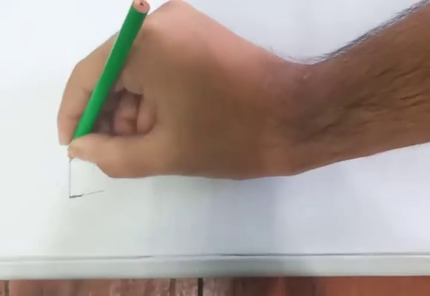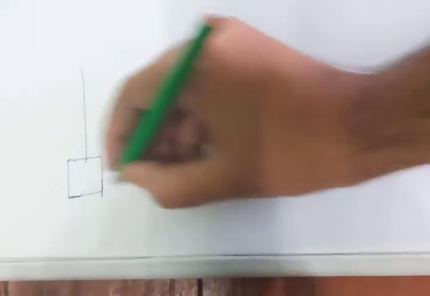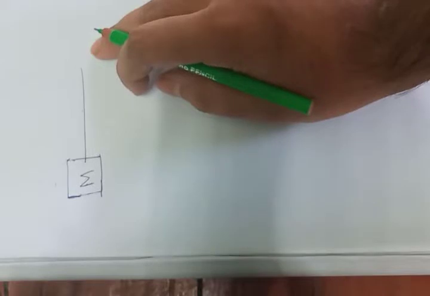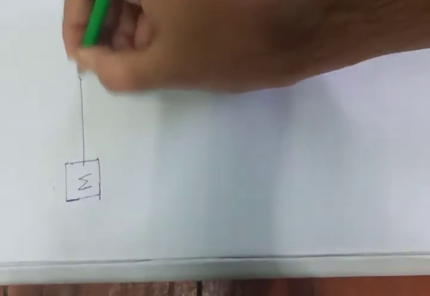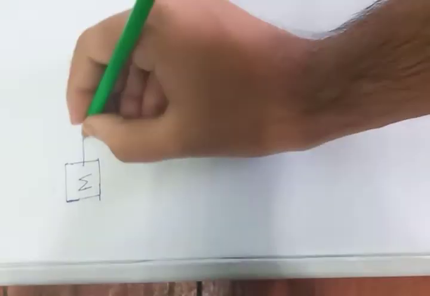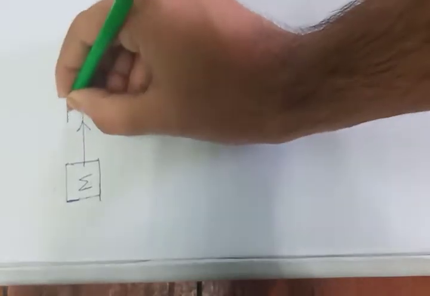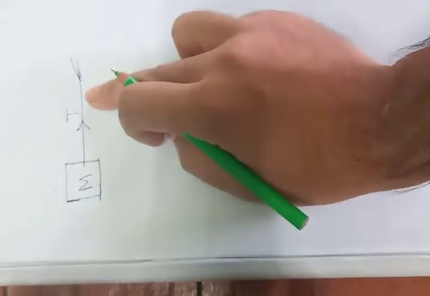Let's say we have a block here, a mass m, and a string is connected. Now if I pull this, the tension always acts away from the body.